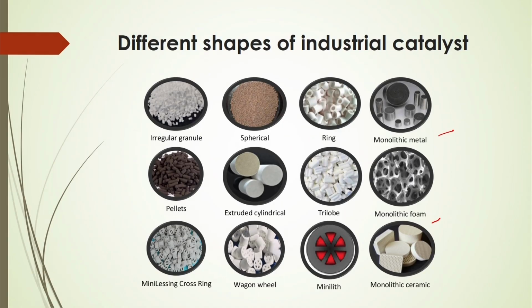So, we can see that several different types of industrial catalysts have been used from the beginning; from 1977 onward they have been developed in different shapes. At present, the monolithic structure is one of the important catalyst shapes, and any catalyst-aided reaction carried out in it is called a monolithic reactor.